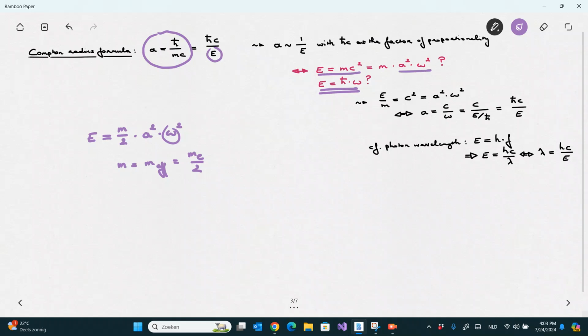We have the Planck-Einstein relationship, and then E is mc squared if we replace it by our tangential velocity formula, a times omega squared. When you work it all out, you see that these two combined do give you a Compton radius, which makes the difference between an electron and a proton. The proton is much more massive, and it has a much smaller radius.